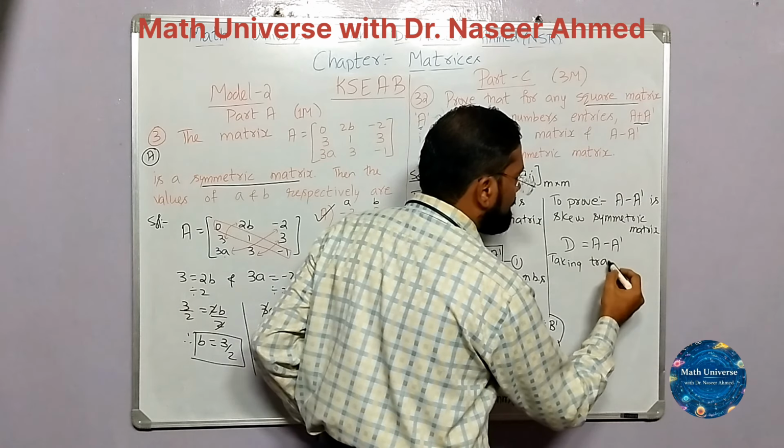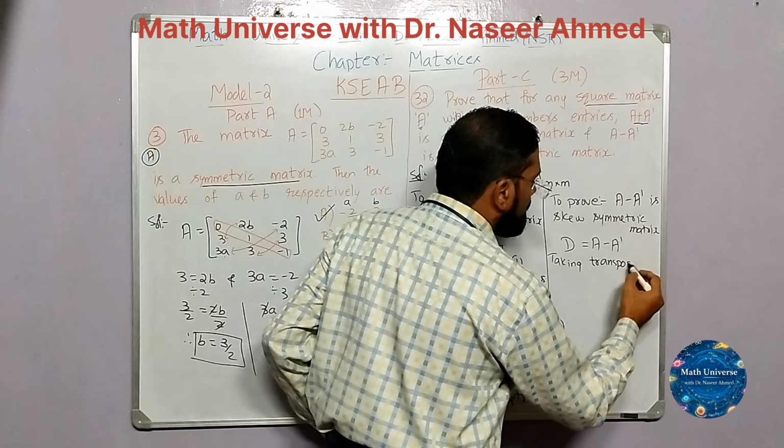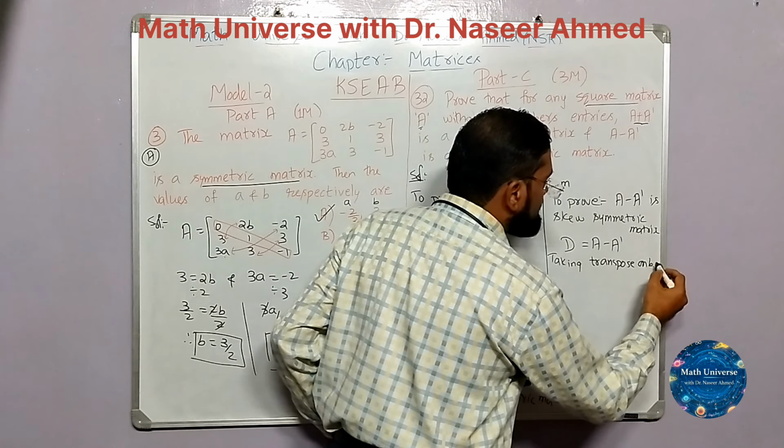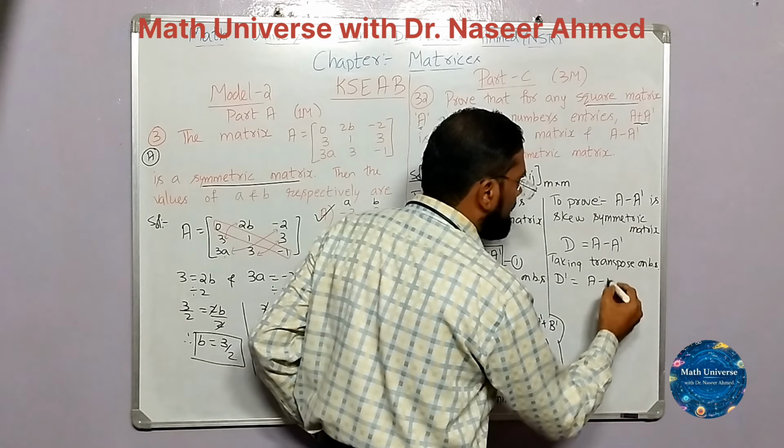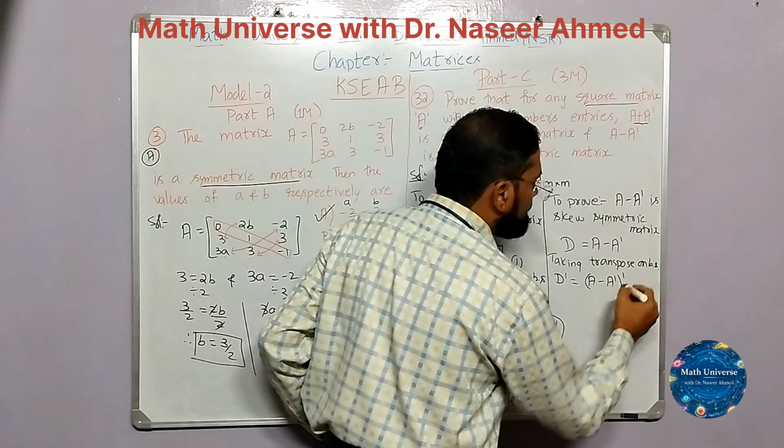Then you will have D transpose is equal to A minus A transpose.